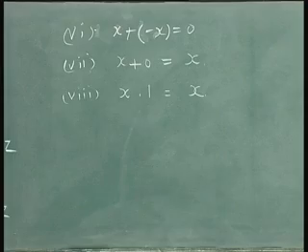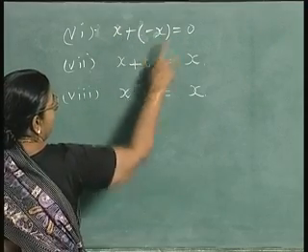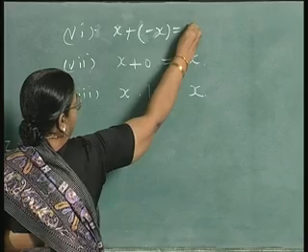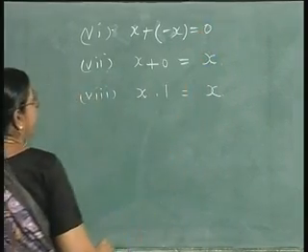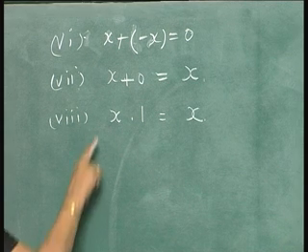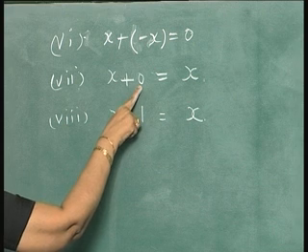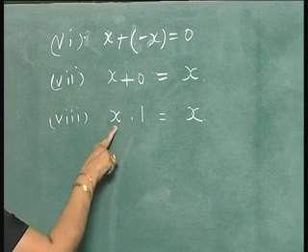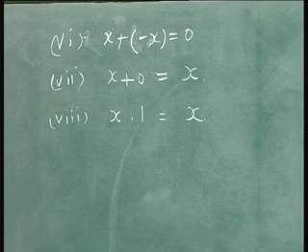Then with respect to unary minus, you have x plus minus x is equal to 0, the identity element of addition. x plus 0 is equal to x, that is 0 is the identity for addition, and x dot 1 is equal to x. 1 is the identity element for multiplication.